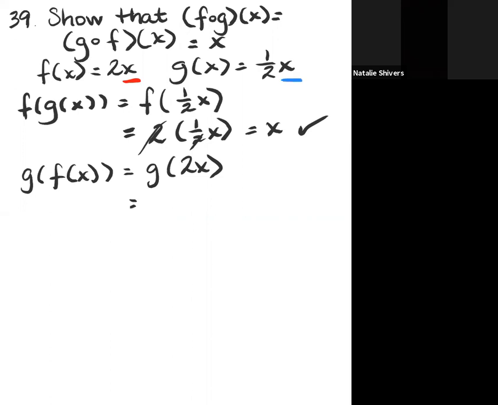So I get 2 times, oops, sorry, did this backwards, I believe. Let's see. Now I'm going to do 1/2, yep, times 2x. So again, the 2's cancel, which is exactly what I wanted, and I get x. We'll do a slightly longer problem in another lesson.